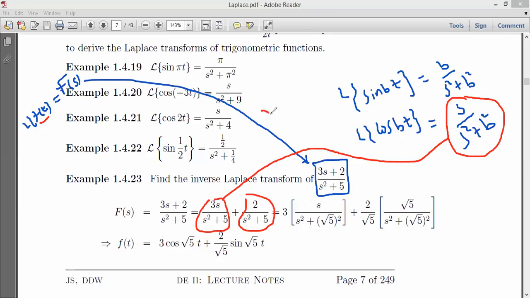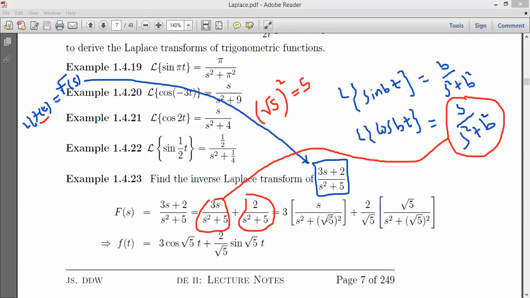I know that if I have root 5 and I square this root 5, this actually gives me a 5. Since the denominator here is b squared, and this is 5, I can now write the 5 in terms of a root. That's why we are saying, let it be s over root 5 squared.